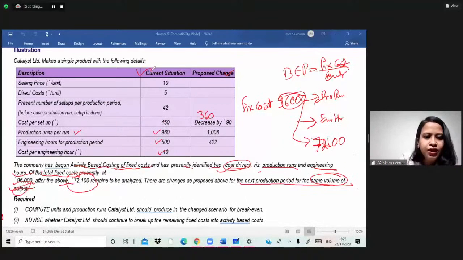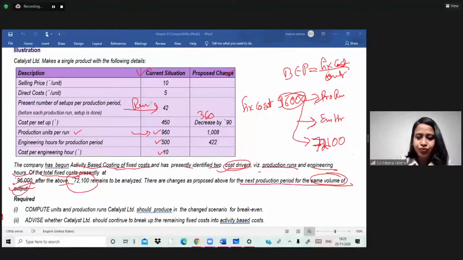You can see here that in one production run, we are producing 960 units. Okay. And we have here that in the present situation, the number of production runs is 42. We have 42 setups, and in each run, we are producing 960 units.